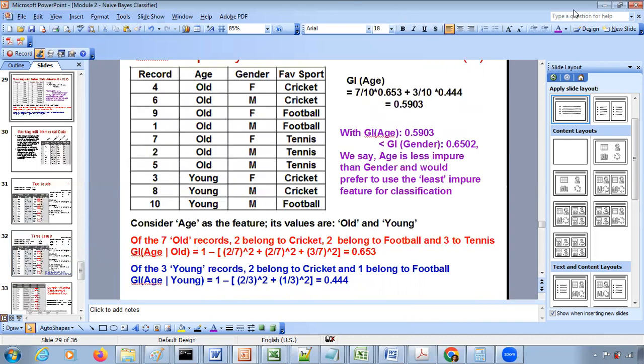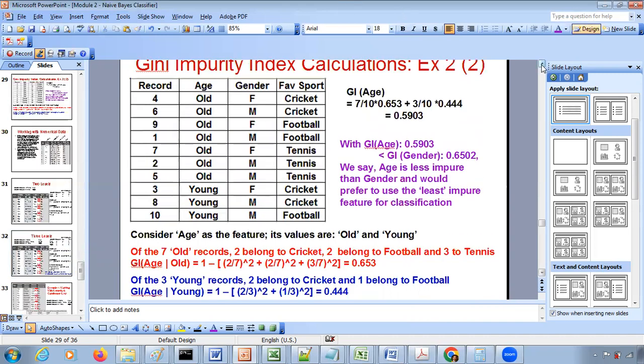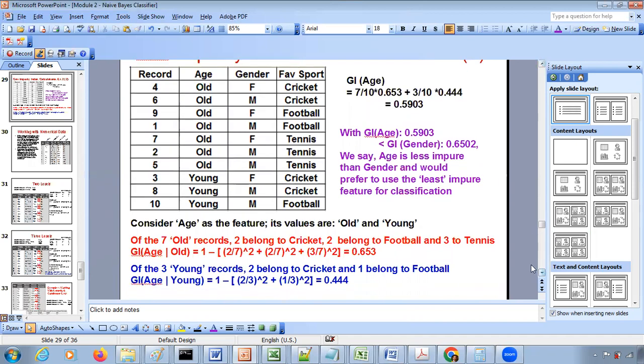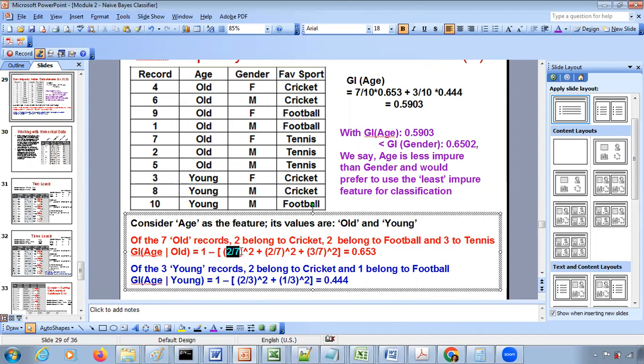Let's try for age. With age as the feature, we have 2 values, old and young. So there are 7 records with old and 3 records with young. Out of the 7 old records, we have 2 belonging to cricket, 2 for football, and 3 for tennis. So the fractions are 2 over 7 for cricket squared, plus 2 over 7 for football squared, plus 3 over 7 for tennis squared.